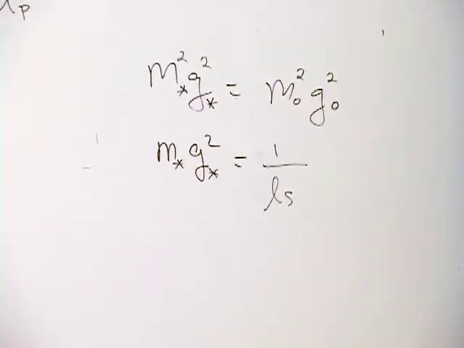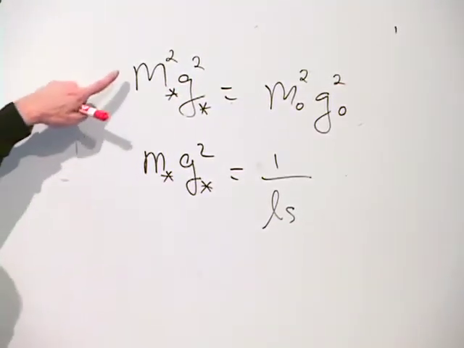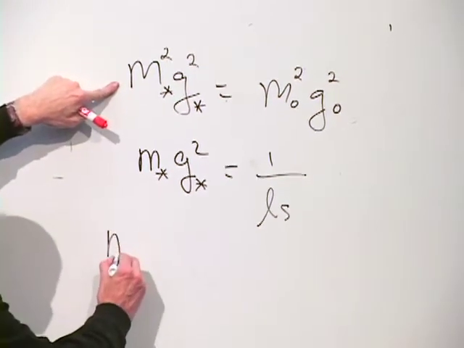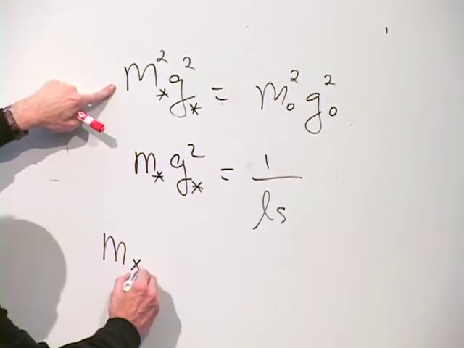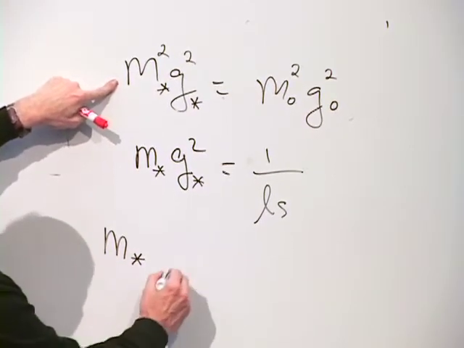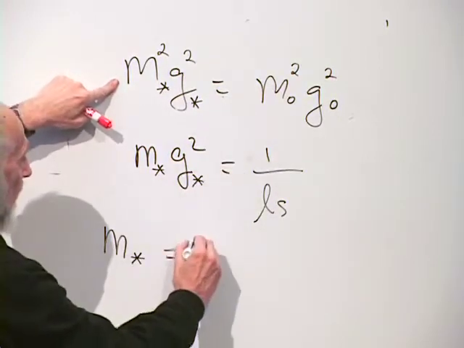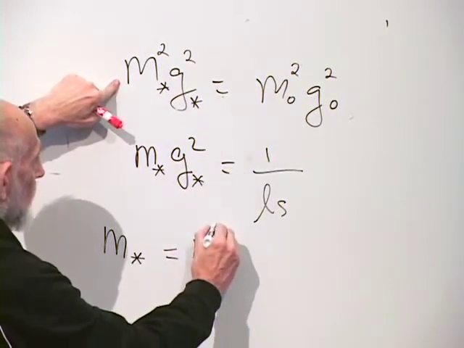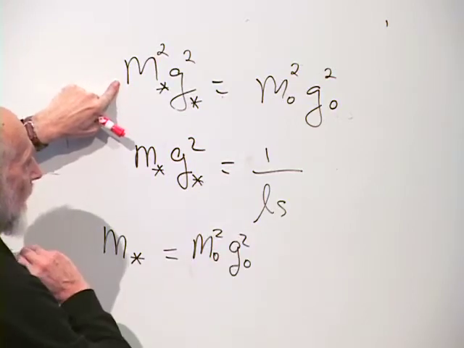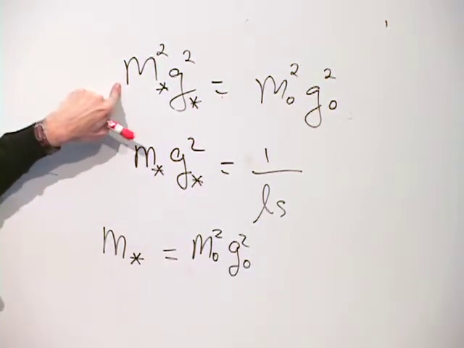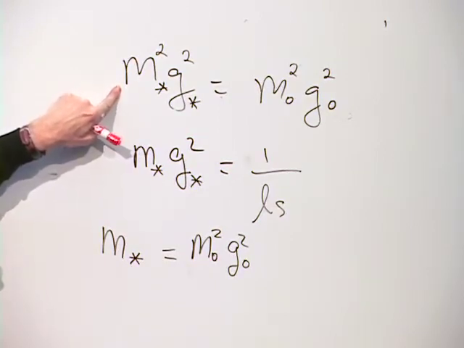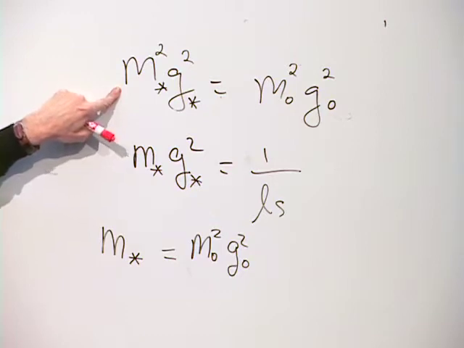Okay, so now we just divide one by the other. The ratio will be m star, and that will equal m naught squared g naught squared divided by 1 over L string.